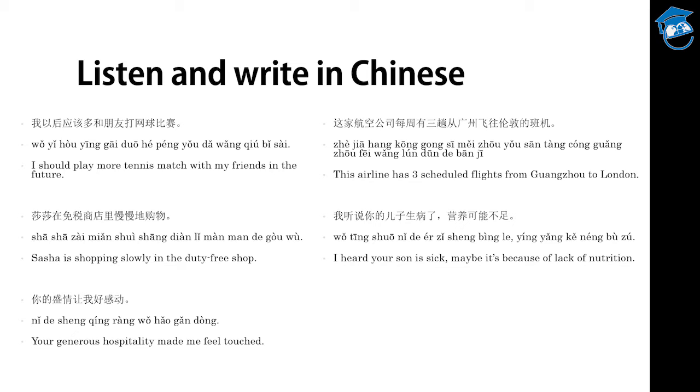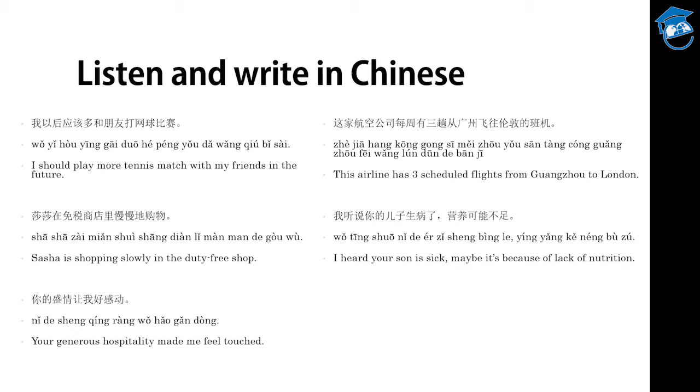Alright? 营养可能不足。营养 is nutrition. 可能 is maybe. 不足 means not enough. 足, other than being used as in football, 足球, also means enough or contentment. So 营养可能不足 means nutrition may not be enough.